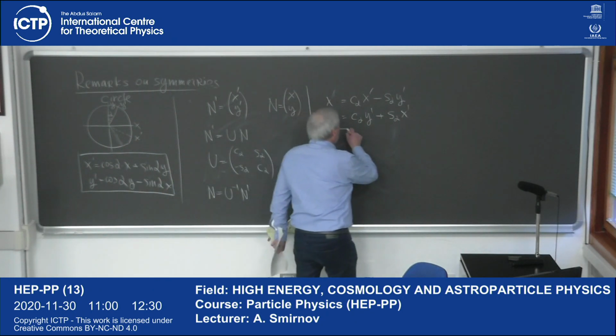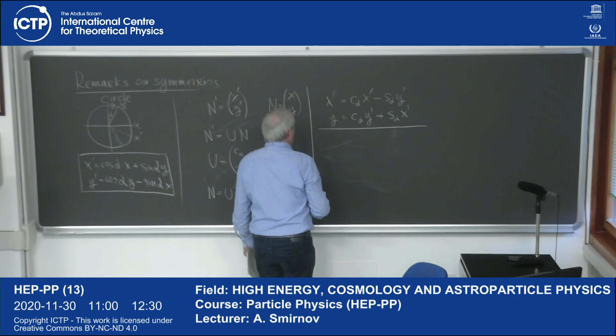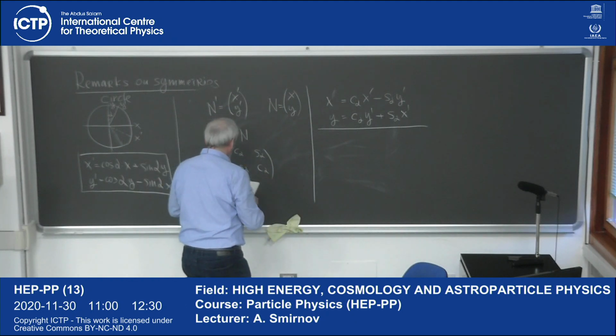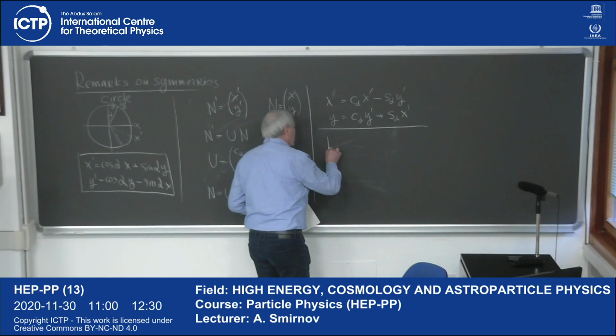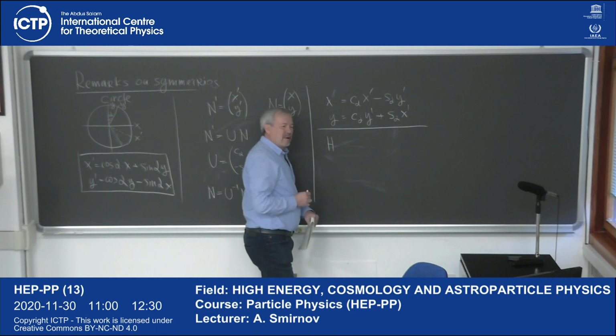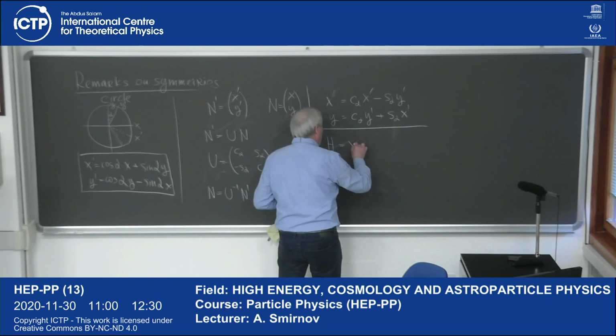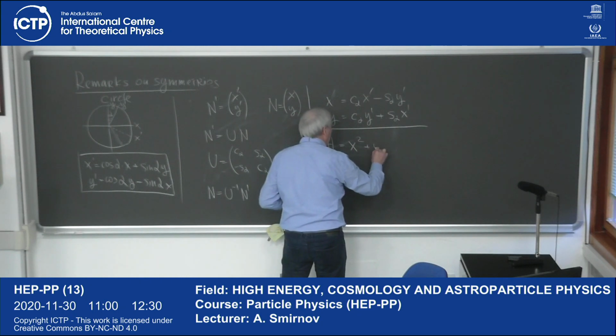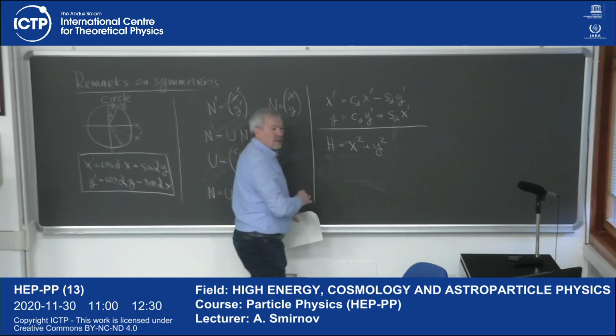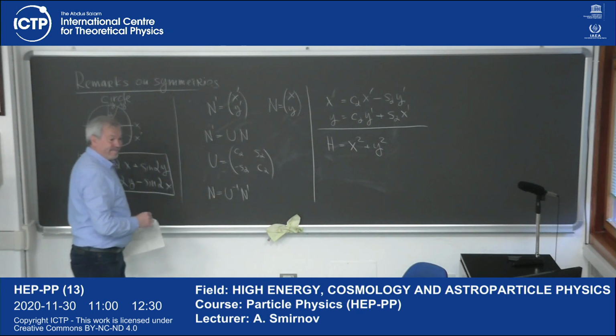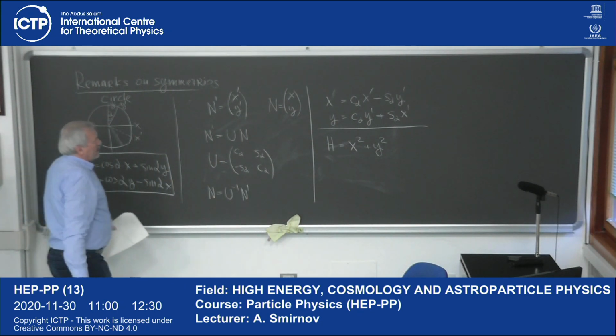Now we are talking about invariance, and the circle is, let me put it as H, because eventually we will talk about Lagrangians. Let me take this in the form x squared plus y squared. And this is the equation for the circle. Okay?